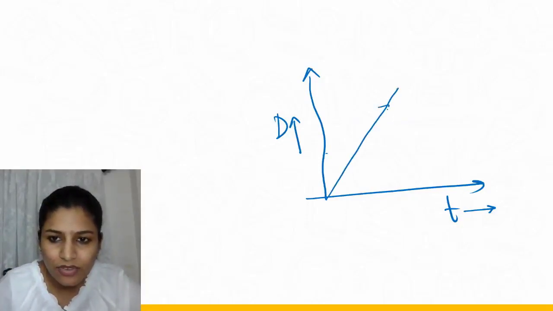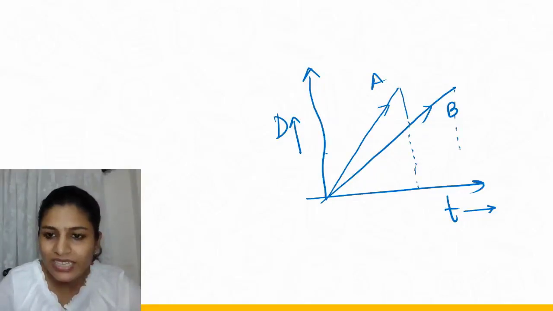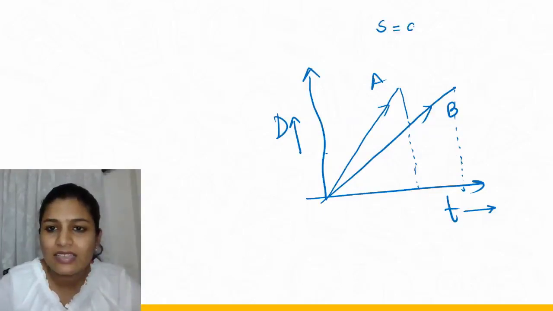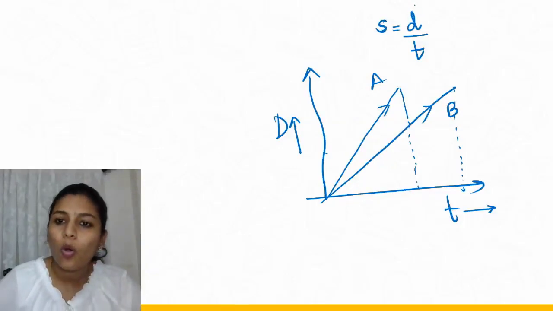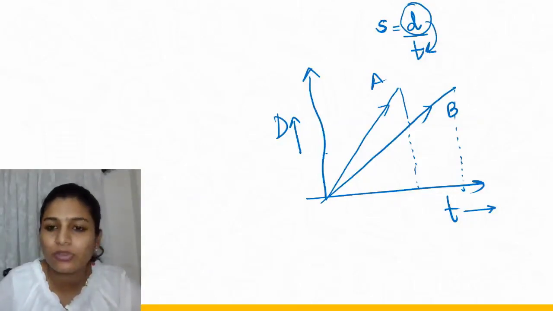Suppose this is the first body and this is the second body, like A and B, which is given to you in the question. This we have to do. The perforated line that I am drawing, speed is given as distance upon time. So the speed of that body will always be more, whose numerator is more as compared to the denominator.